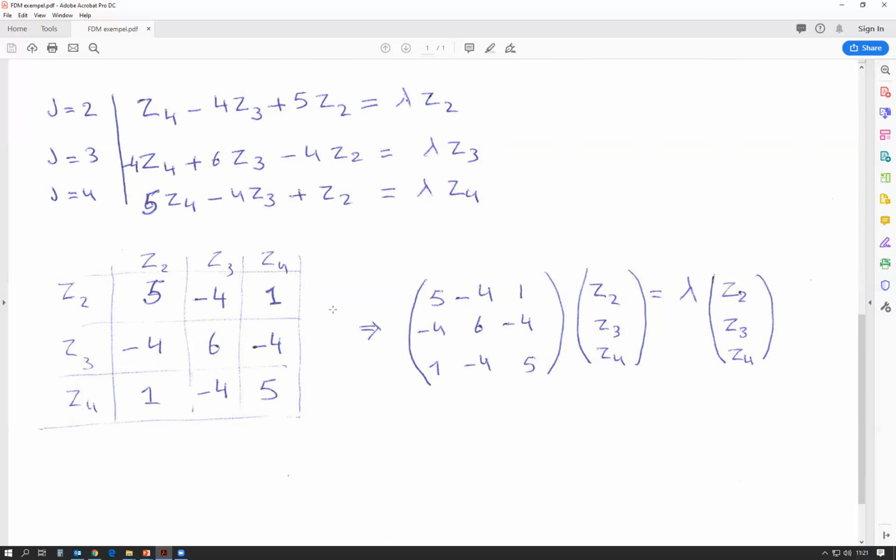So it's a quite straightforward way of analyzing this with the finite difference. And it's actually an extremely powerful method.